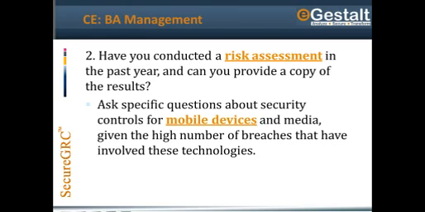And along with the risk assessment question, there need to be specific questions around how data is being secured for mobile devices, laptops, cell phones, etc., if data is being accessed remotely.